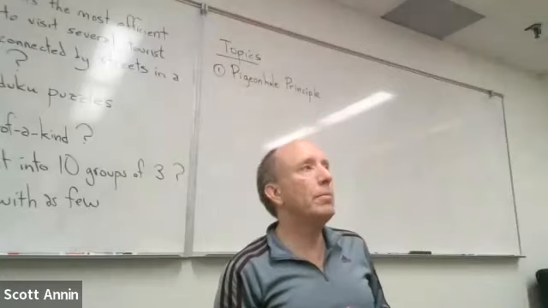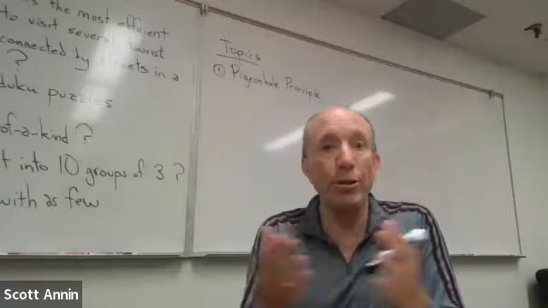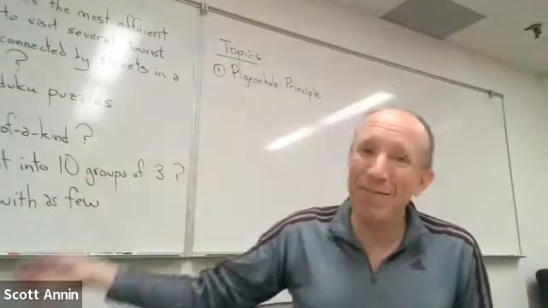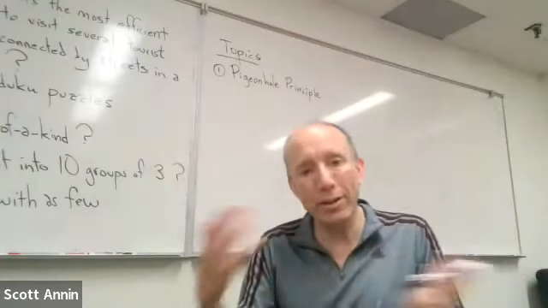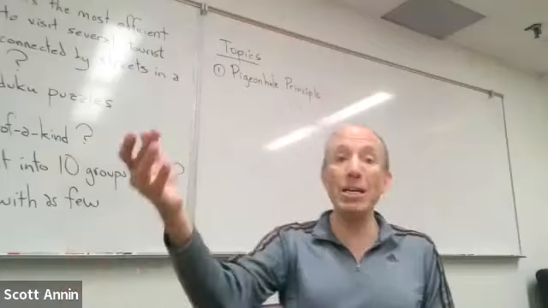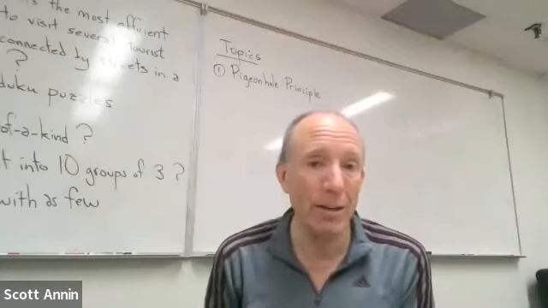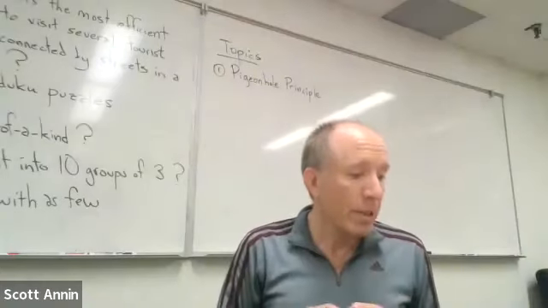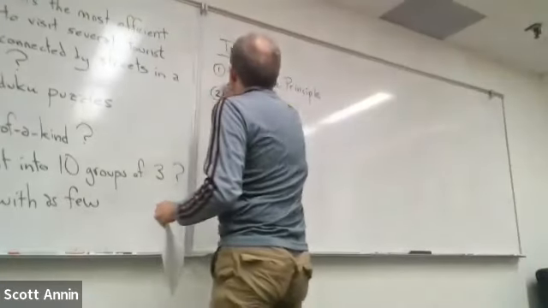So perhaps we have a certain number of pigeonholes and we have a certain number of pigeons, and we want to put those pigeons into those holes. There are certain rules, depending on the relationship between how many pigeonholes we have and how many pigeons we have, that let us say things about how those pigeons will be arranged in those pigeonholes. So the pigeonhole principle is certainly an important part of combinatorics.